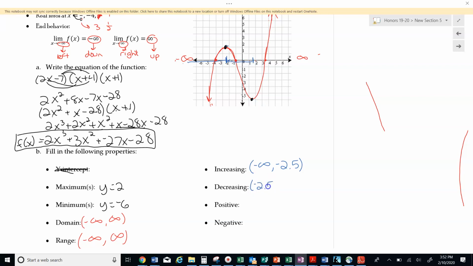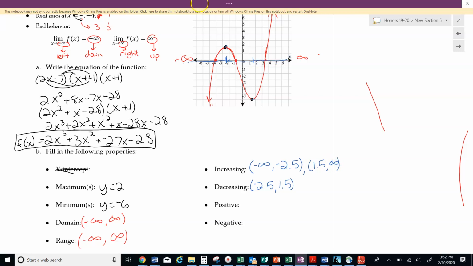So from negative 2.5 to 1.5, I'm decreasing. I'm going from a max to a min. And then going from a min up forever, okay? So that's from 1.5 to infinity. That's this piece here.